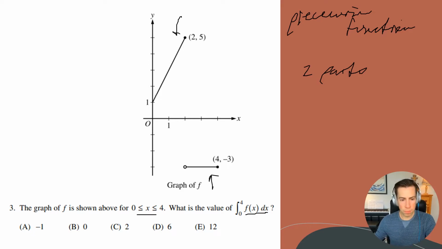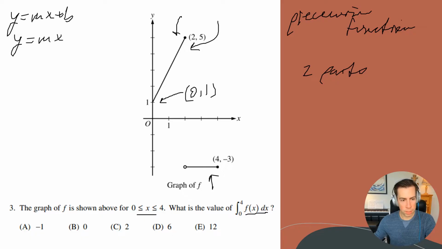For this line right here, I already see that we have a y-intercept of 1. So that point is going to be (0, 1). Using the form y equals mx plus b, I already know that y has to equal mx plus 1. As far as the slope goes, slope is y2 minus y1 over x2 minus x1.